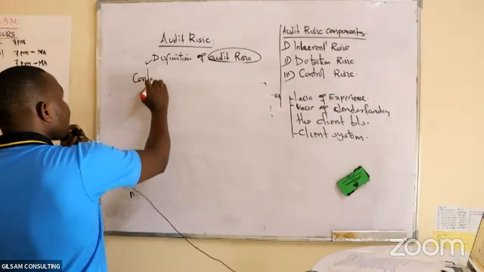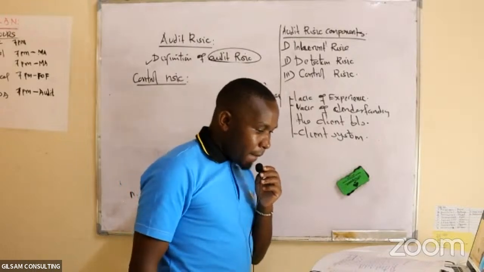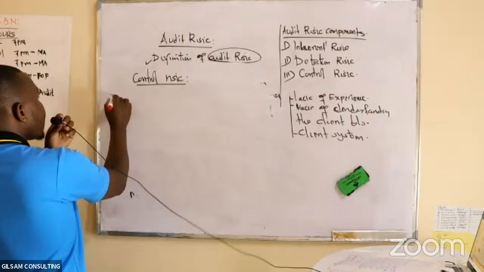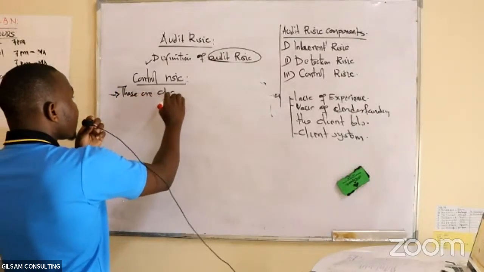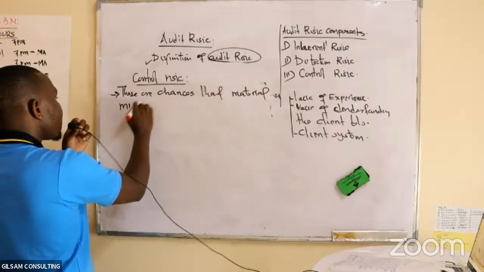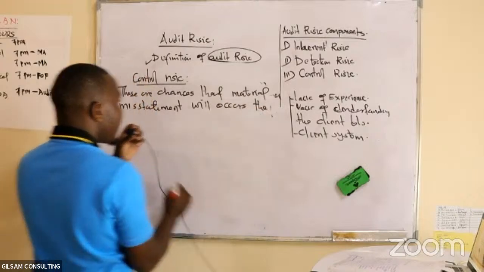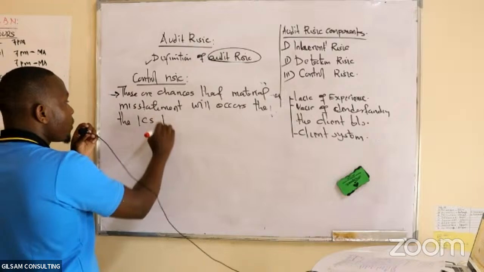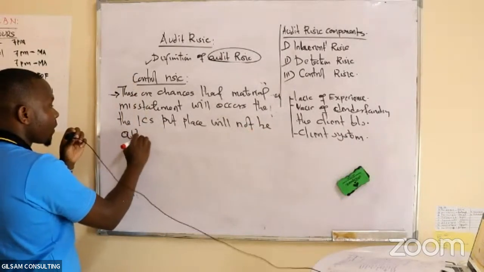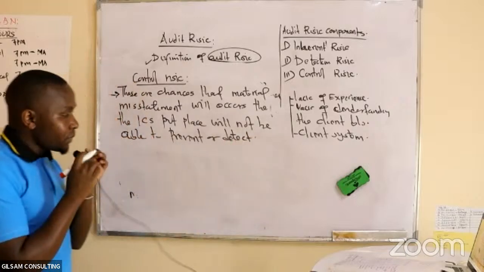In this control risk, you can say these are the chances that a material misstatement will occur in accounts, and the ICS, or the internal control put in place, will not be able to prevent or detect it.